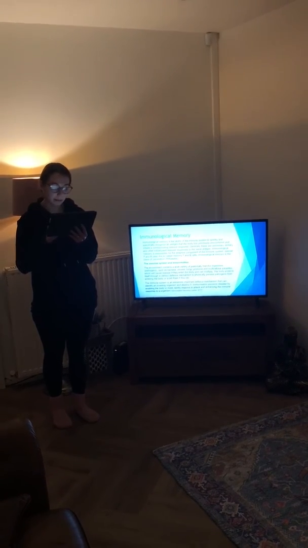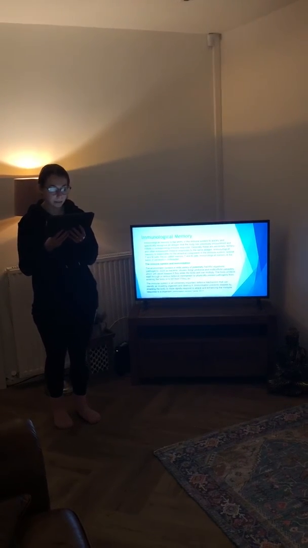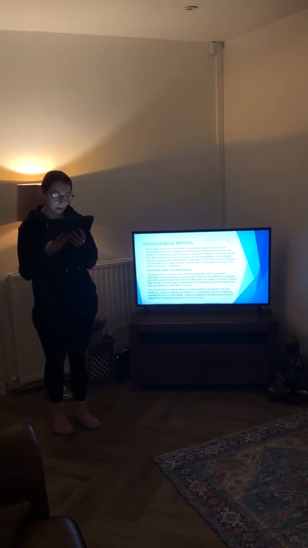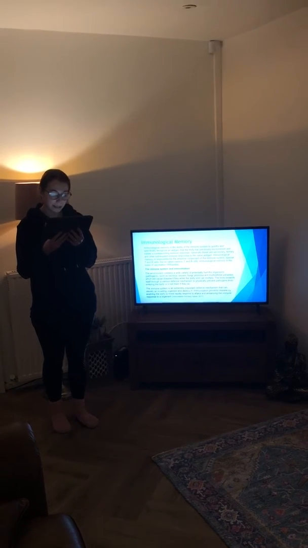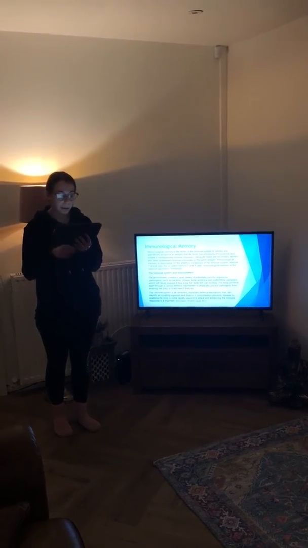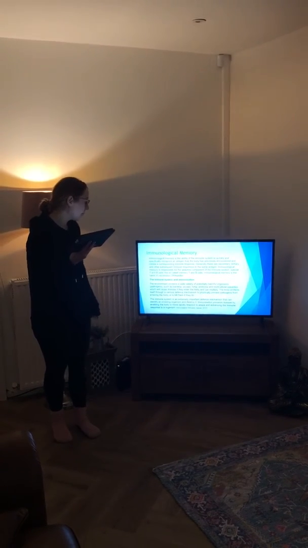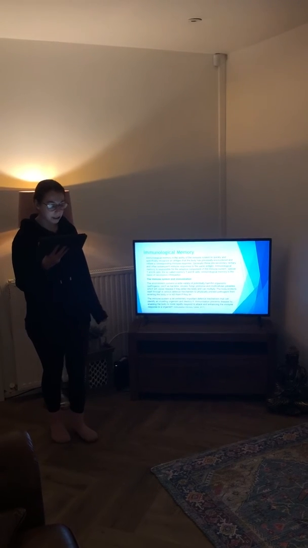Immunological memory is responsible for the adaptive component of the immune system. Special T and B cells are called memory T and B cells. Immunological memory is the basis of vaccination.